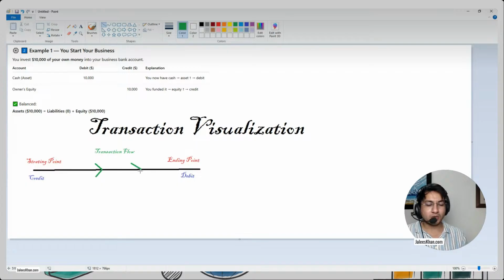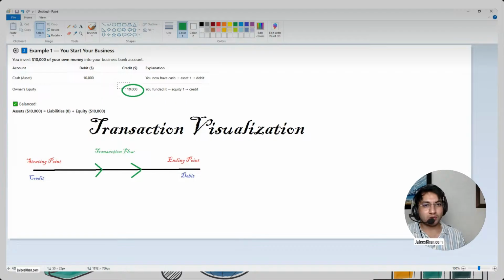What is going to happen is that the owner is giving away money, and that money is going to come into the business. So the owner is the starting point of the transaction.